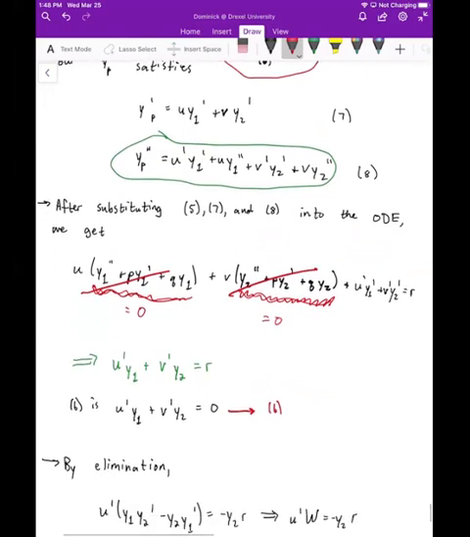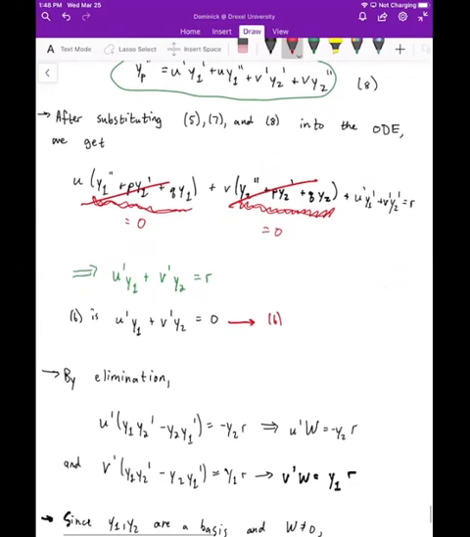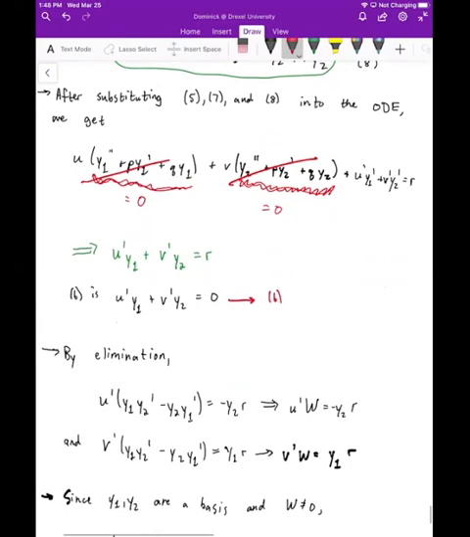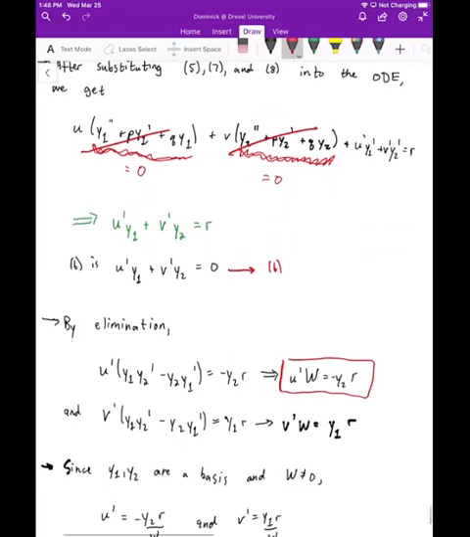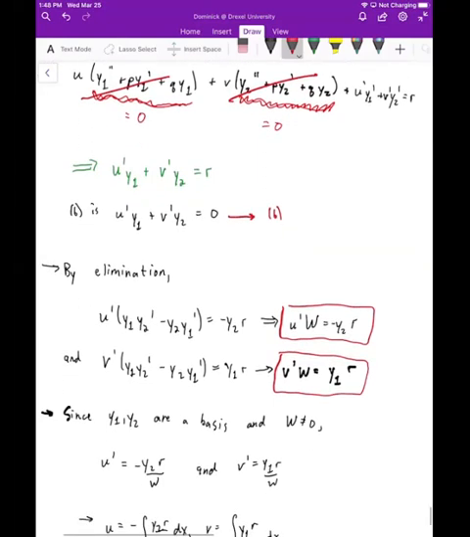So now we have a system that we can solve using elimination, right? So it can be shown that we get u prime W is equal to negative y2 times r, and then we can also show by elimination that v prime W is equal to y1 times r, right?